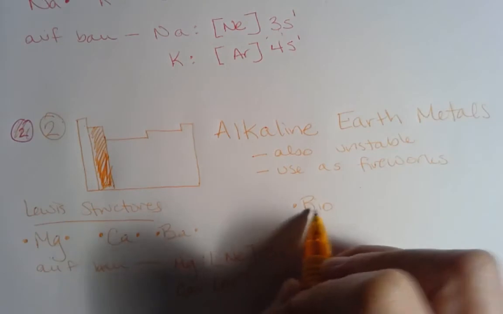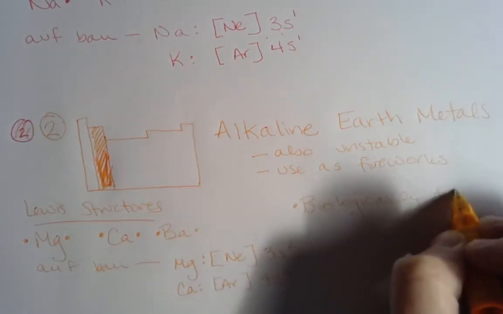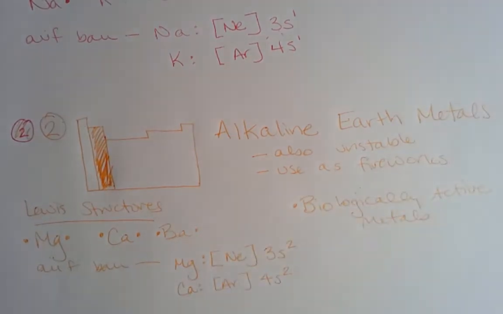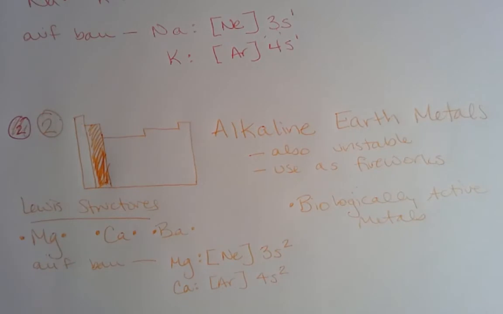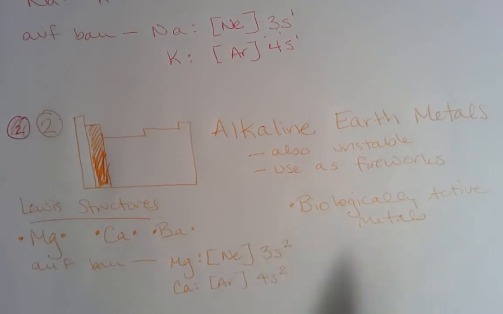But these are both biologically active metals. There are a handful of biologically active metals in the transition metals, but they're few and far between, and super wonky. The alkalis and alkaline earths are biologically active once they've lost these outside electrons and they've just got that really stable core.